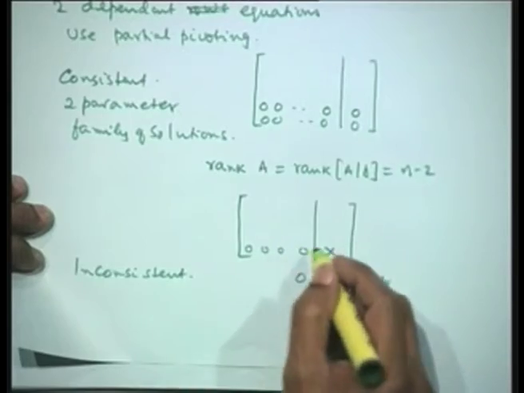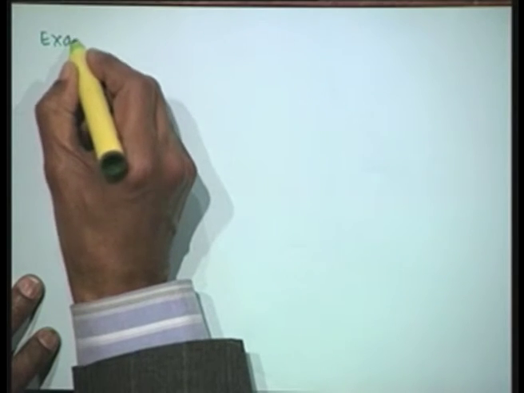Now, let us take a problem corresponding to this, to see how it will be able to say that the given problem is inconsistent. So, let me take this as an example.